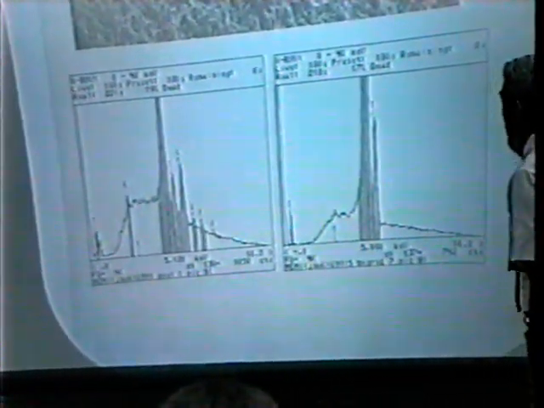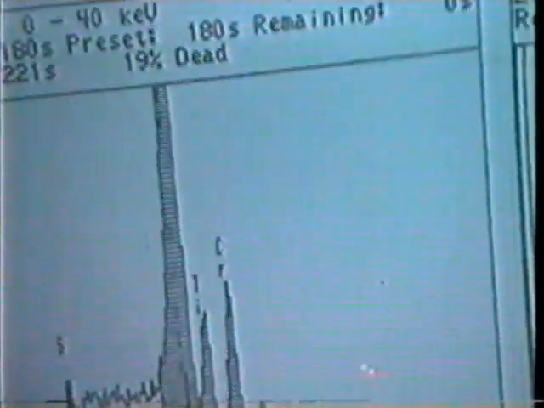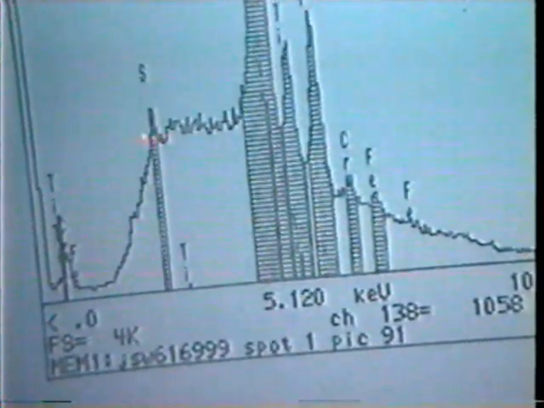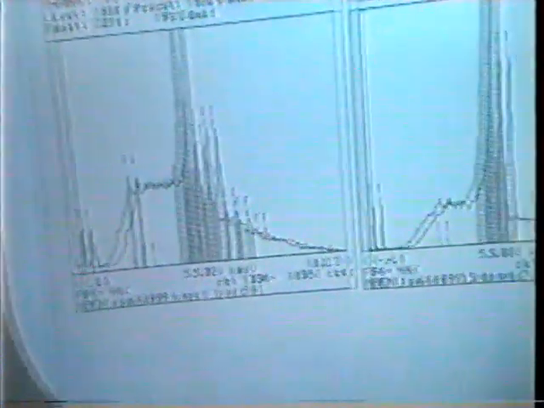So in these particles, chromium is the major peak. Chromium far exceeds the iron peak here. And so we have sulfur detected, chromium and iron.